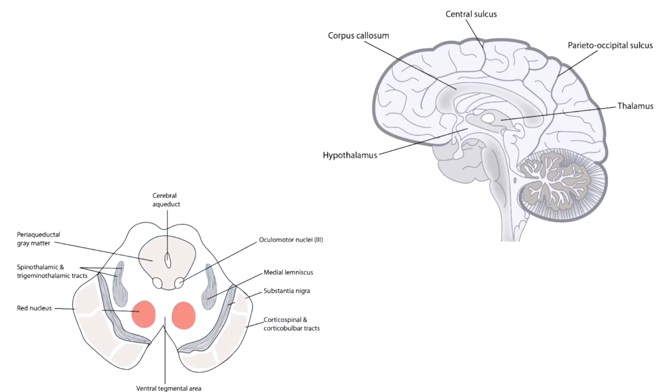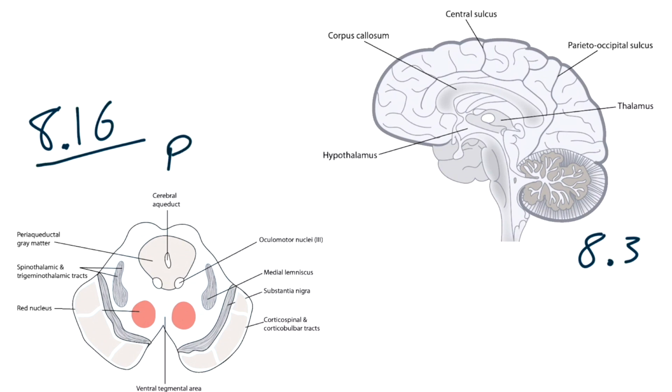Here on the left, we have figure 8.16, and on the right, we have figure 8.3, both of which were discussed previously in this chapter. Looking at figure 8.16, if we're looking at the dorsal or posterior aspect of the midbrain, we can identify the superior colliculi.